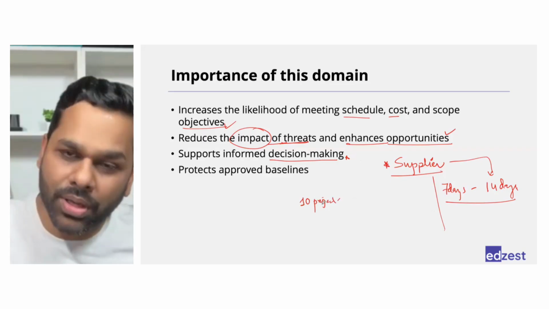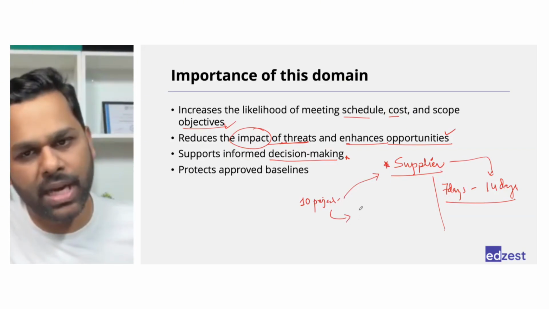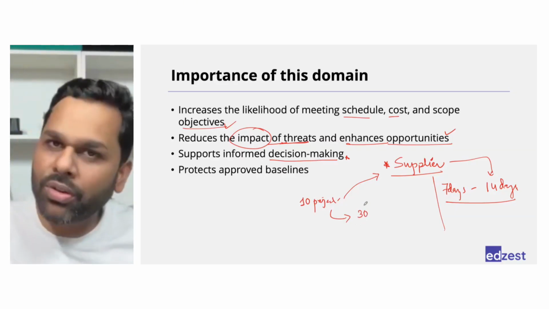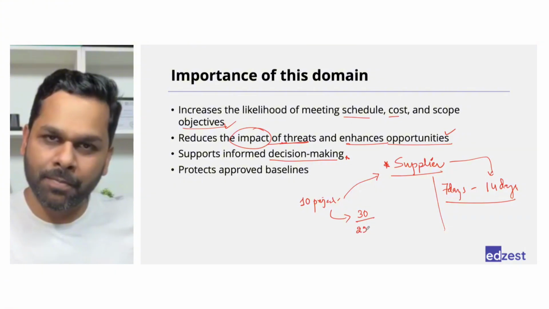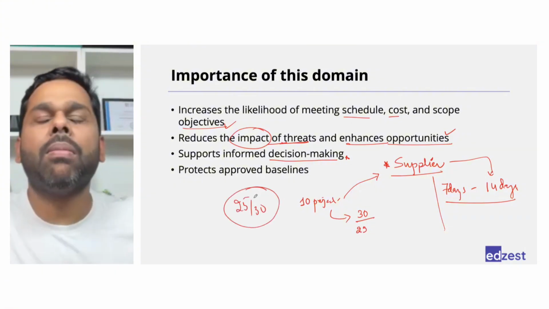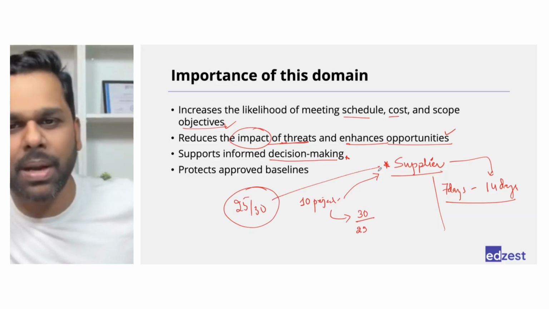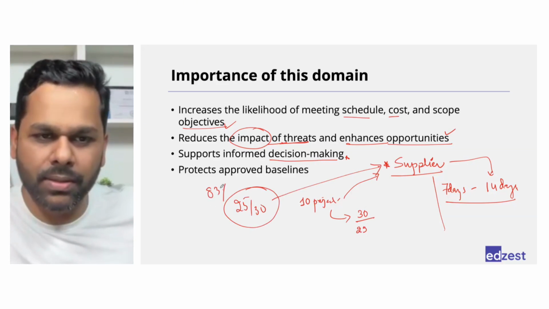So in the last 10 projects, whenever we worked with them, how many times did they deliver the material? Let's say 30 times. Out of those 30 times, 25 times they were late. Right? So 25 out of 30 is the probability of this supplier delaying the material, which is around 83%.